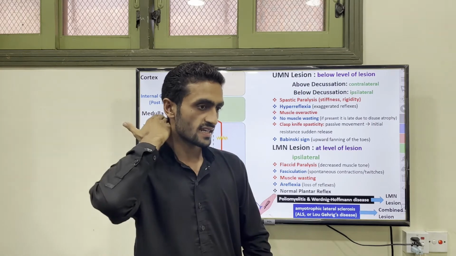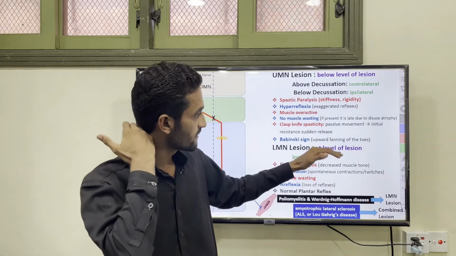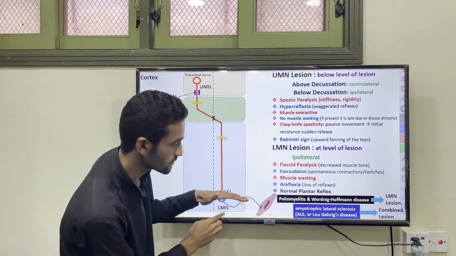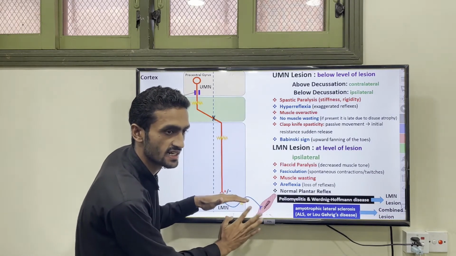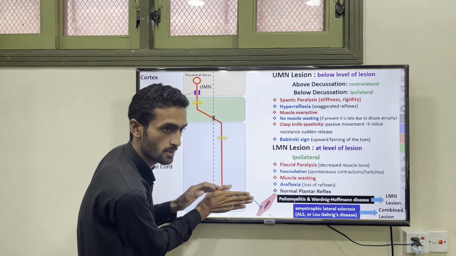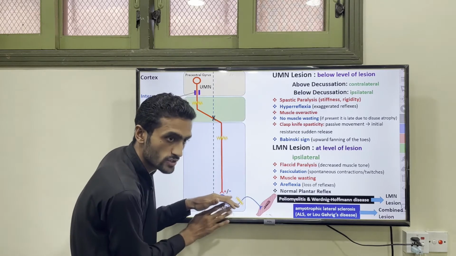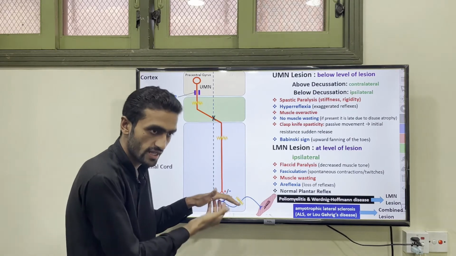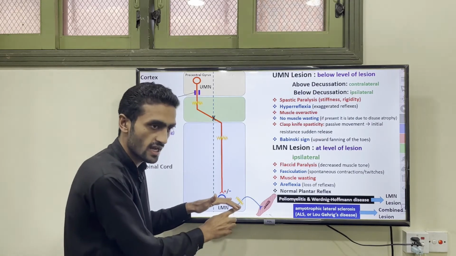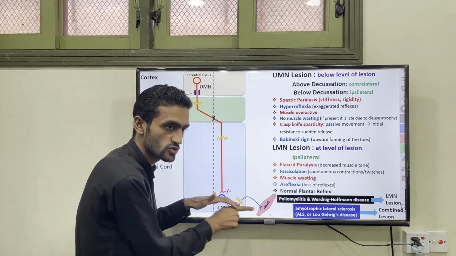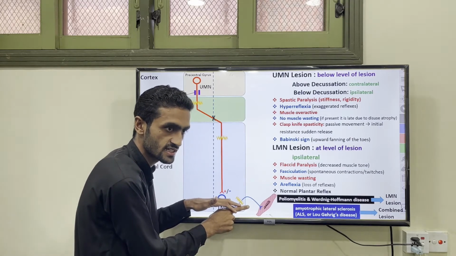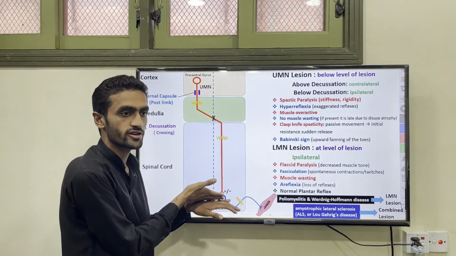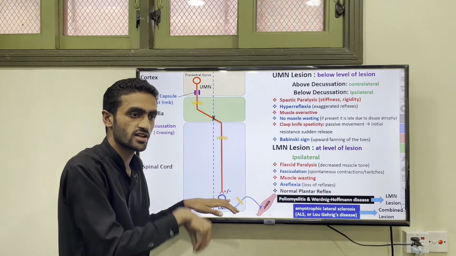At that level the finding will be lower motor neuron, because the nerve is damaged here and is lost. But below that is the upper motor neuron lesion, because the descending tract is stopped right here, so signals are not going down.